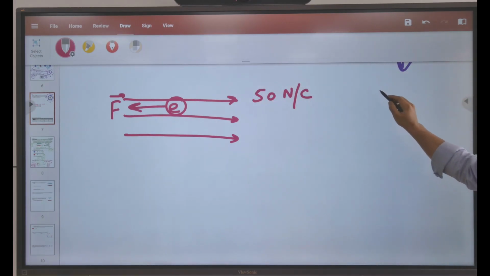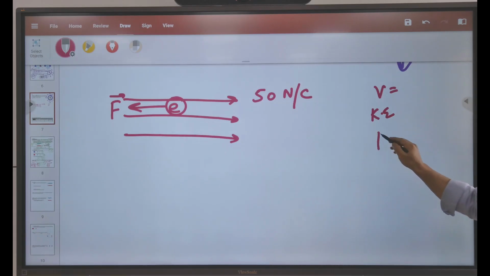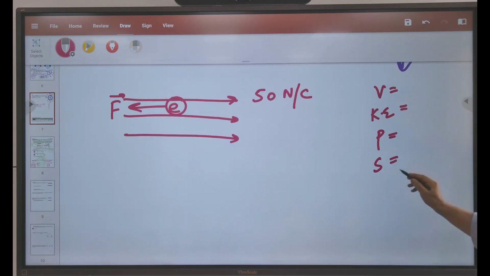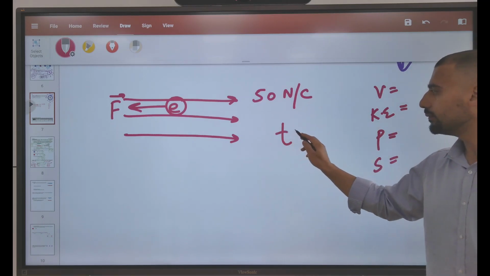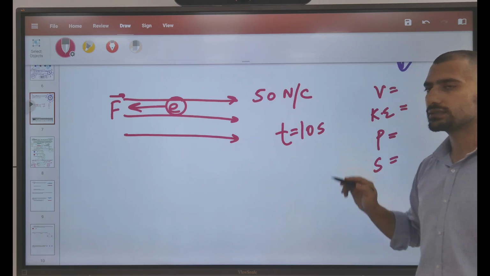You have to find the velocity, the kinetic energy, the momentum, the distance. The time was given. How much is the time? 5 seconds? Yes, try to solve it.